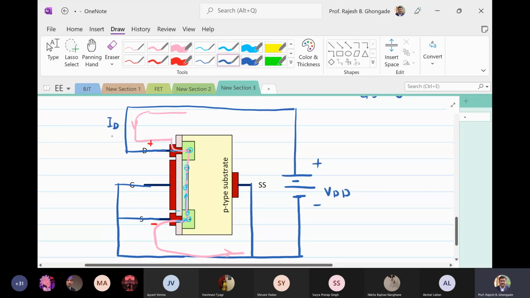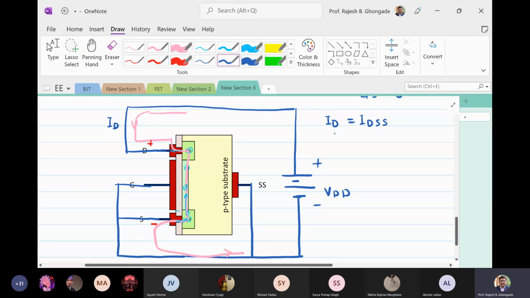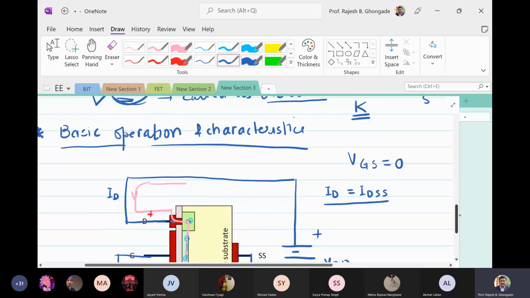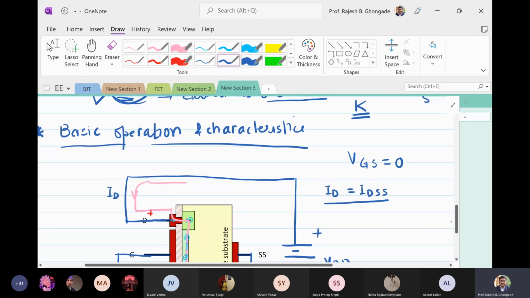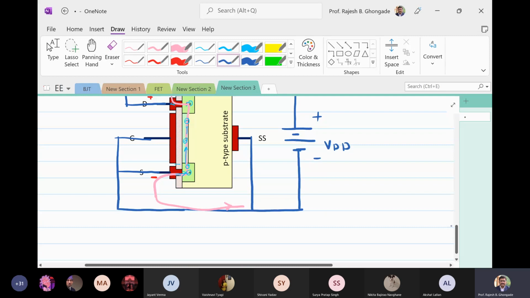Now when VGS is equal to 0, we say that this ID is equal to IDSS. This is what we did last time also. I mean when we were studying junction field effect transistor. तो इसको when VGS is equal to 0, जो करंट फ्लो होता है उसको बोलते हैं IDSS. ओके, यहाँ तक ठीक है? It's exactly like JFET.